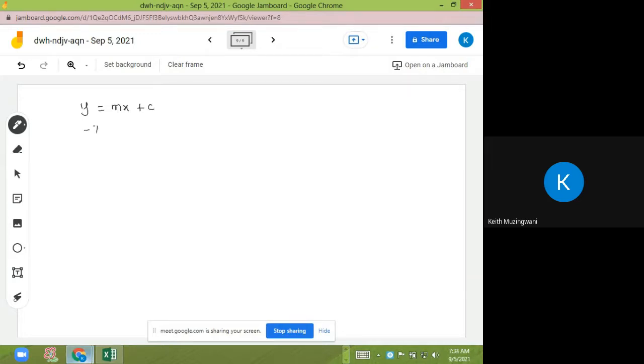Negative 77 over 16 is equal to m is negative half, x is negative 5 over 8 plus c. So we have negative 77 over 16 minus 5 over 16 is equal to c. So 16 is the common denominator.